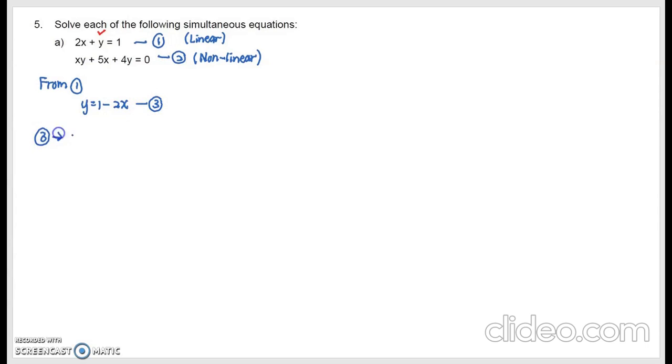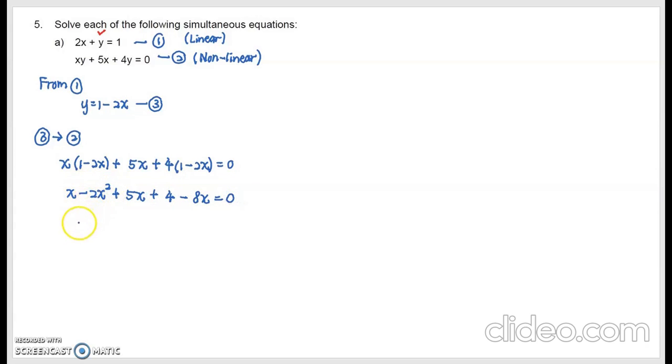I will substitute equation 3 into equation 2. I should have x times (1 minus 2x) plus 5x plus 4 times (1 minus 2x) equals to 0. Then we try to expand: x times 1 is x, x times negative 2x is negative 2x squared, plus 5x, 4 times 1 is 4, 4 times negative 2x is negative 8x, equals to 0.